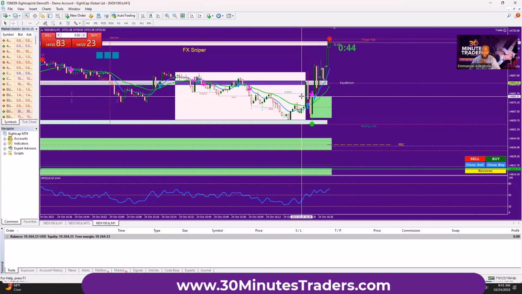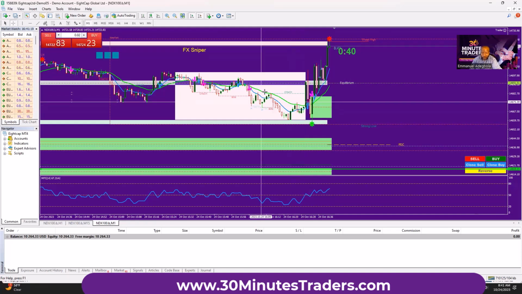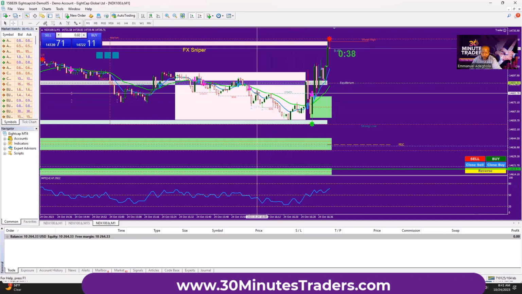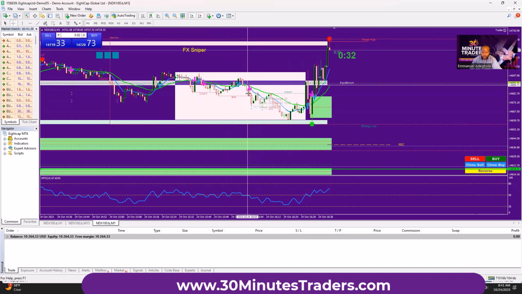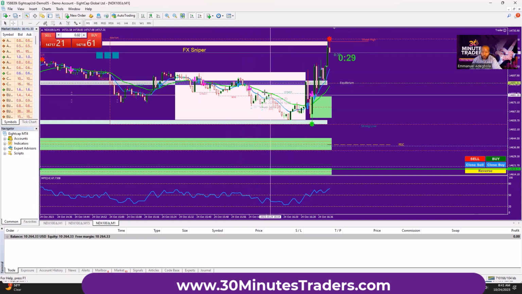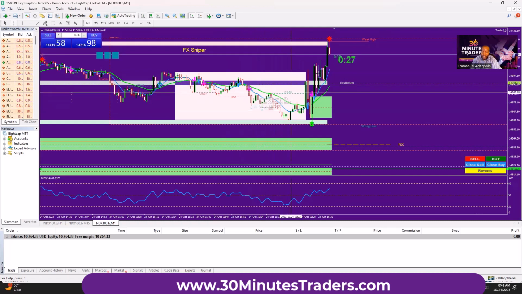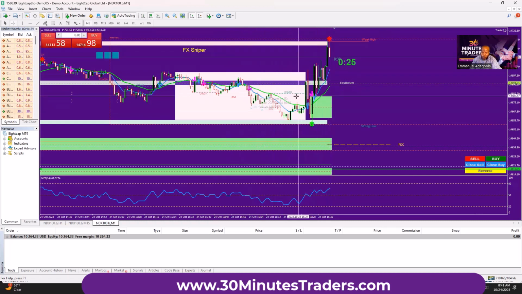I don't want to be buying in that place. Number one, there's a change of character right here. So you can see that line right there. It's telling us that the down movement is over, but then we have to wait. It's definitely going to come back to this place. And if it doesn't, it's part of the trading.